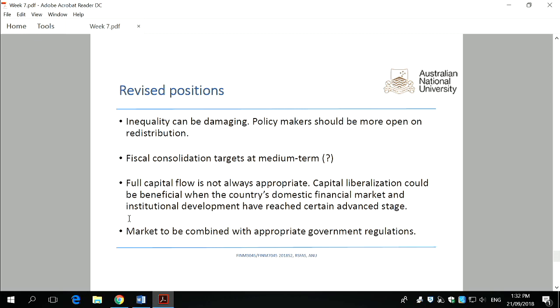So economists have been rethinking whether neoliberalism had promoted too much, right? But they see benefits of it as well, so they started to revise certain things, and the key major area of revision is redistribution, right?